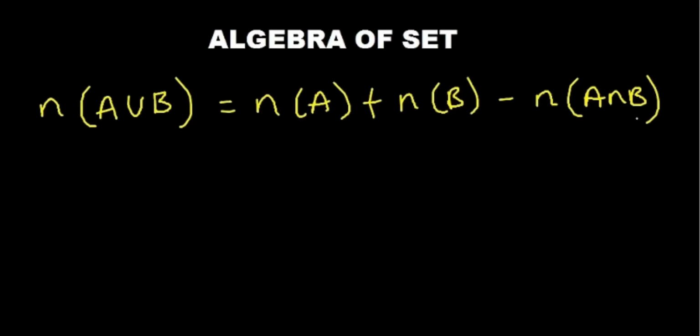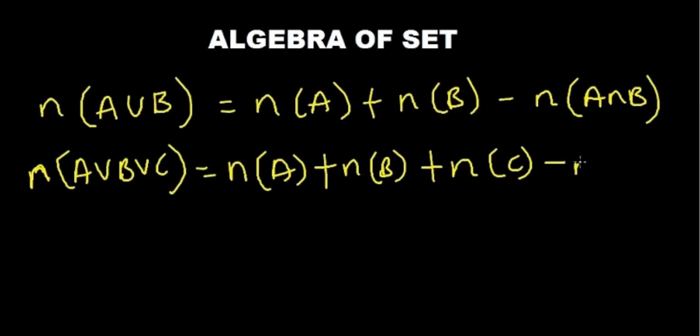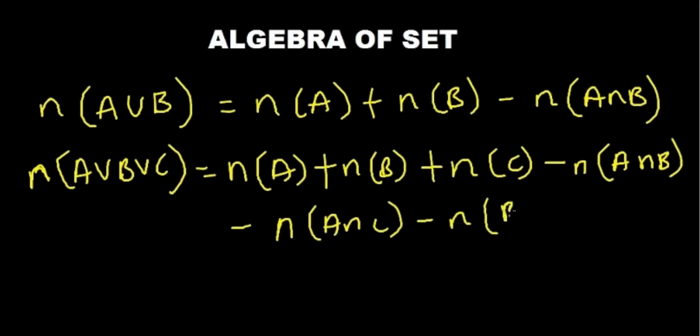The other one you need to know is for three sets, assuming we have A union B union C. We're going to be having the same thing: A plus B plus C, then minus all the intersections, A intersection B minus A intersection C minus B intersection C, and don't forget to add back the triple intersection, A intersection B intersection C. So this is very important to know.